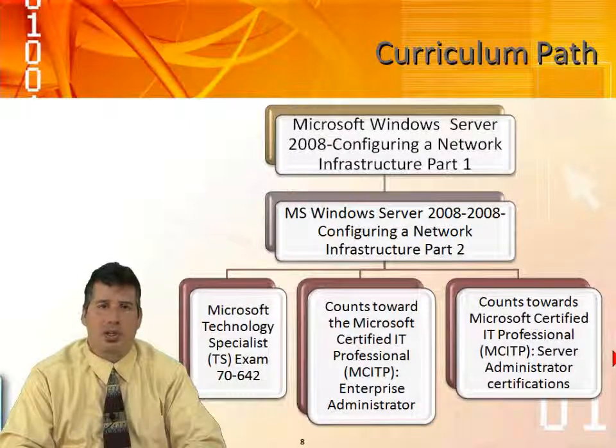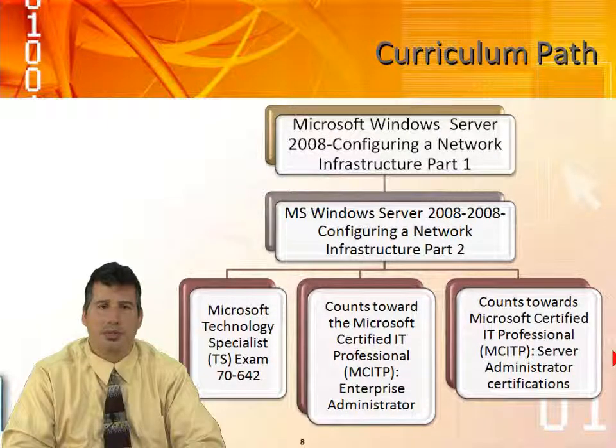So when you look at the curriculum path, this is where you're going. You've got Microsoft Windows Server 2008, Configuring a Network Infrastructure Part 1, then Part 2. And this is for the Microsoft Technology Specialist exam 70-642, which counts towards your MCITP, Microsoft Certified IT Professional, Enterprise Administrator, and also counts towards the MCITP Server Administrator certifications.